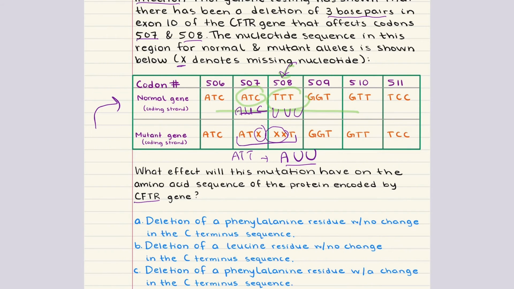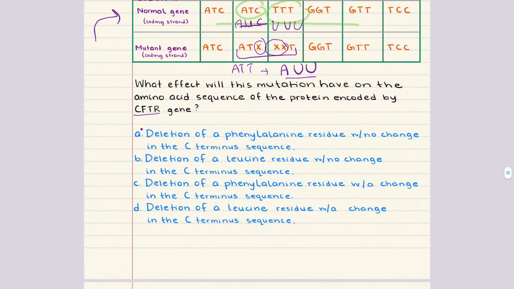So this mutation causes the loss of phenylalanine residue at position 508, but the isoleucine at 507 is unchanged, and the rest of the protein remains intact. So that means the correct answer here is A, deletion of phenylalanine residue with no change in the C-terminus sequence.